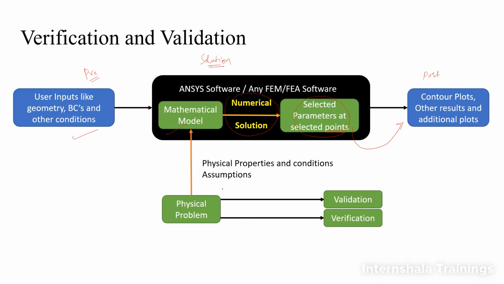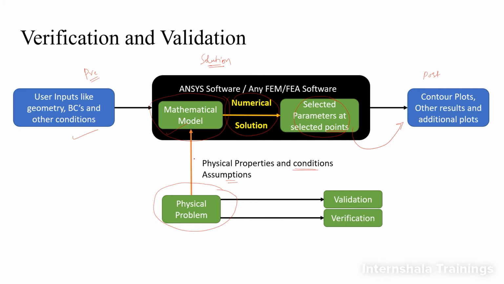What are we doing here? We are converting a physical problem, or representing the physical problem, in terms of a mathematical model. During this process we consider some assumptions, and we need to provide a few conditions which try to replicate the physical problem in the mathematical model.